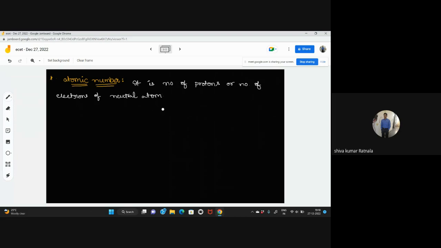Okay, this is atomic number. And atomic number generally is denoted or represented by Z.